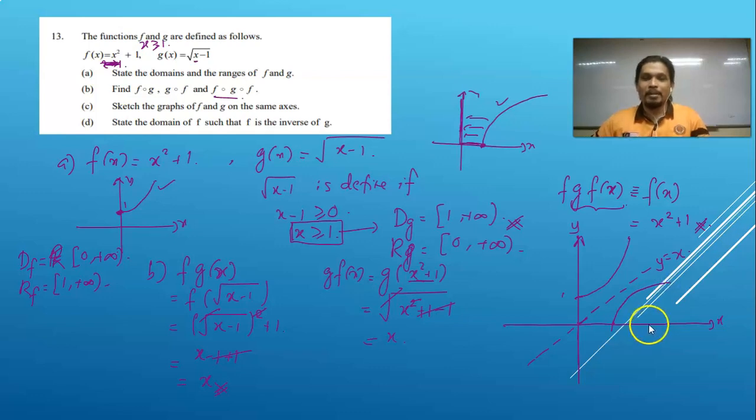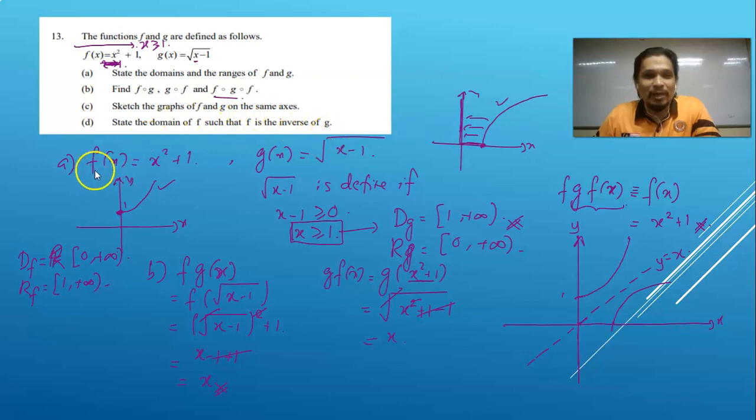Okay, that's it. State the domain of f such that f is the inverse of g. Okay, class. Now I know, I put this too early, because this is the question of B. State the domain of f such that f is the inverse of g.